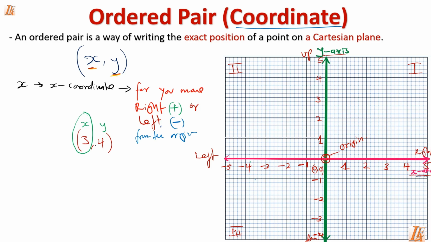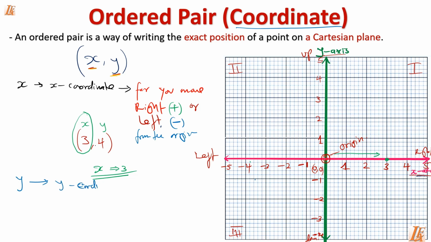So the x-coordinate is 3. If you want to locate it on this number line, you move from the origin to the right up to this point. In that case, you have located the x-coordinate. And now when you locate the y-coordinate, you are referring to the y-coordinate.